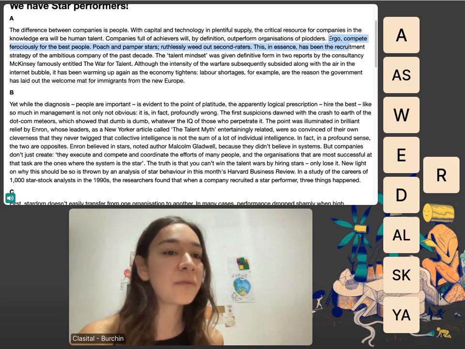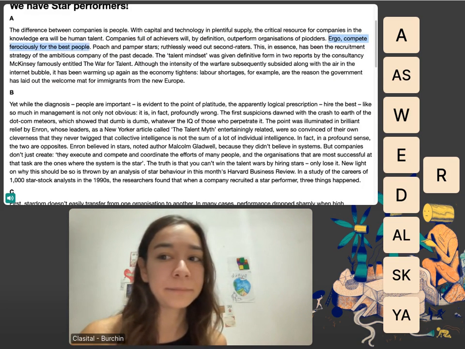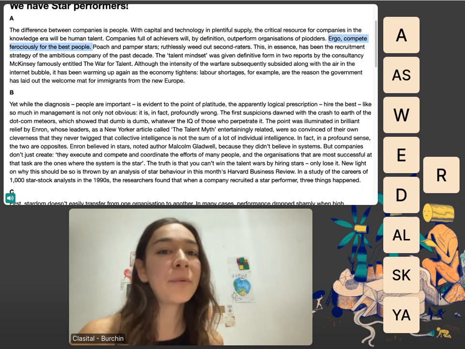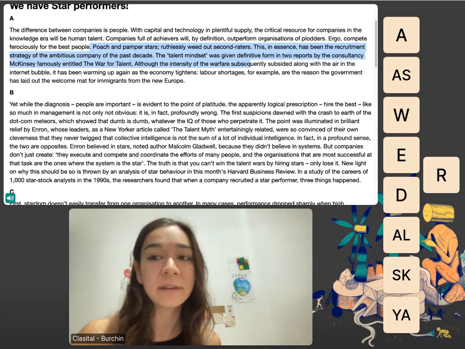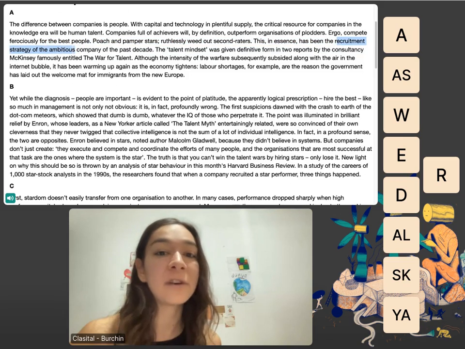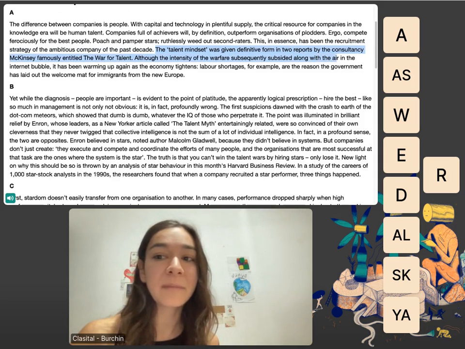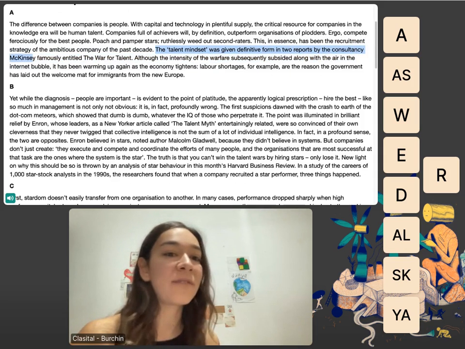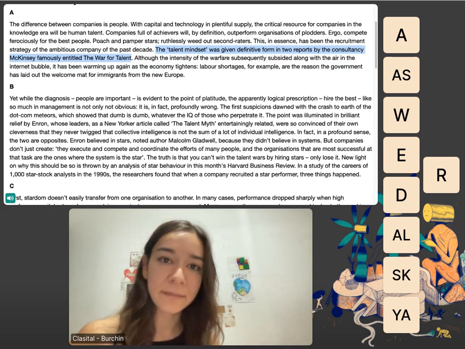Ergo, compete ferociously for the best people. Poach and pamper stars, ruthless without second raters. This, in essence, has been the recruitment strategy of the ambitious company of the past decade. The talent mindset was given definite form in a report by consultancy McKinsey, famously entitled "The War for Talent."